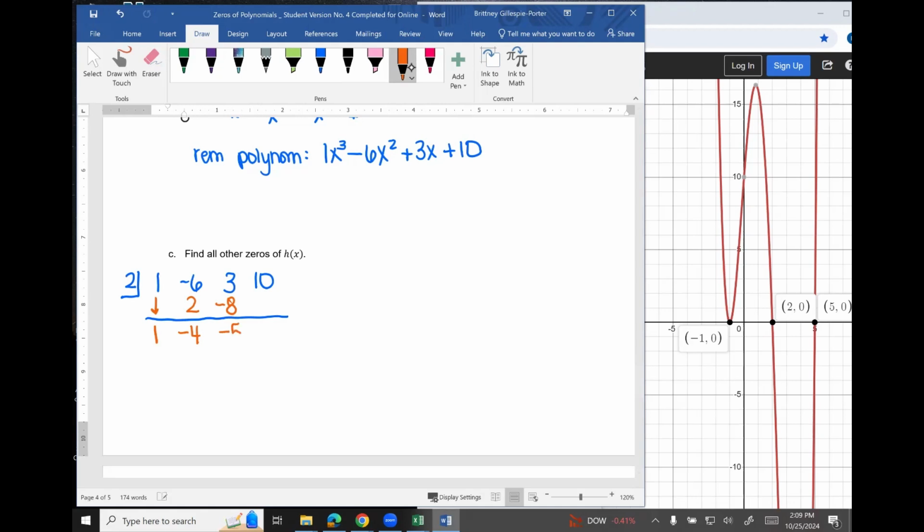Add vertically, we get -5. 2 times -5 gets us -10, which gets us 0. 0 in the last column means that x equal to 2 is a 0. And that also means that x minus 2 is a factor.